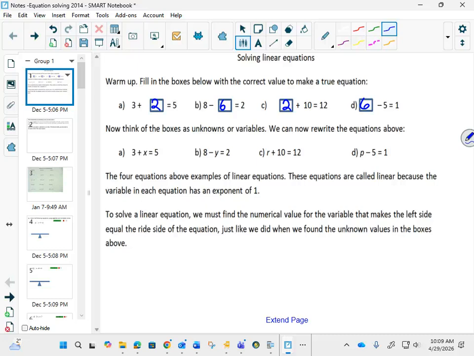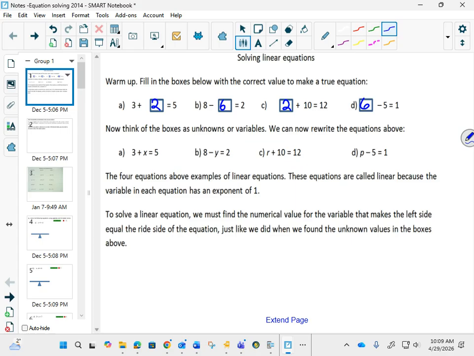Can you say it in English? Yes. 2. When x is 2.